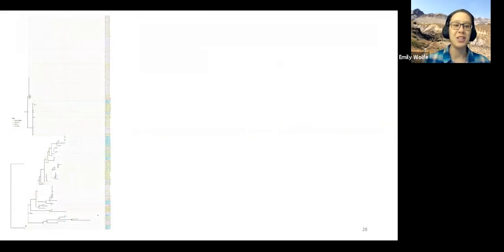Okay, so I apologize for how tiny this tree is. I couldn't figure out how to make it bigger. The printed size is 30 by 30 inches, but I thought that maybe this overview, although you can't really read the sample names, might still be useful to convey the information it's trying to.